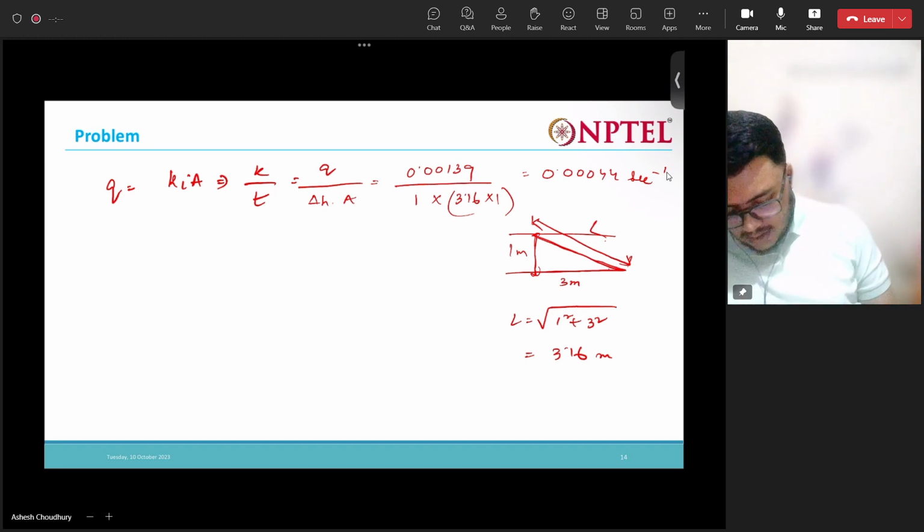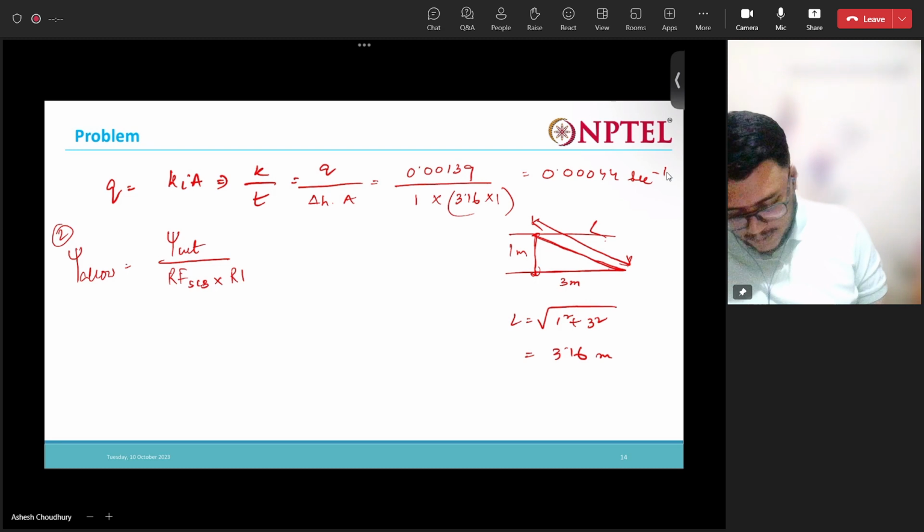Now we find out the reliable interaction factor, degree of inclusion. So ultimate is given as 0.5.